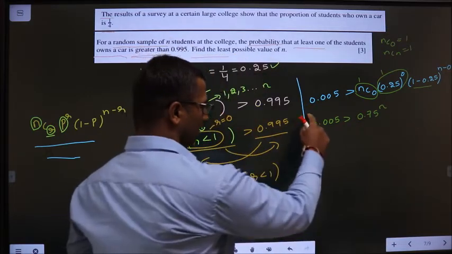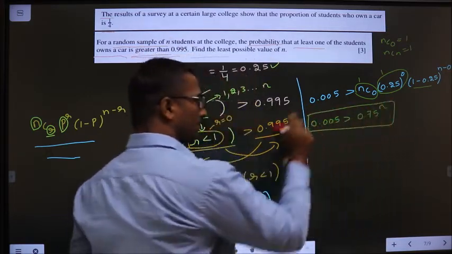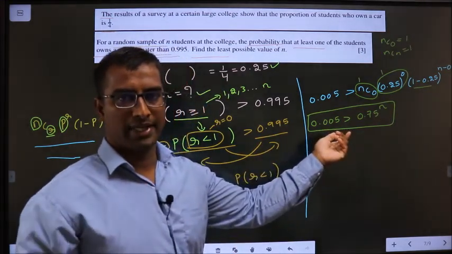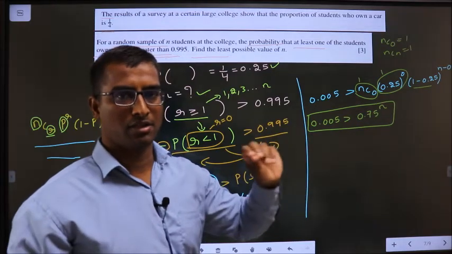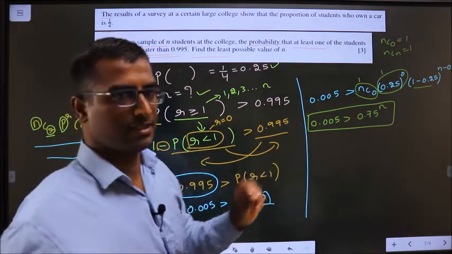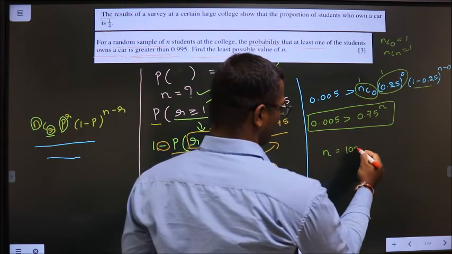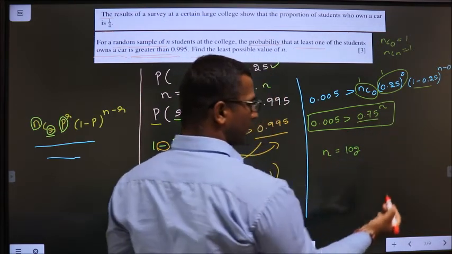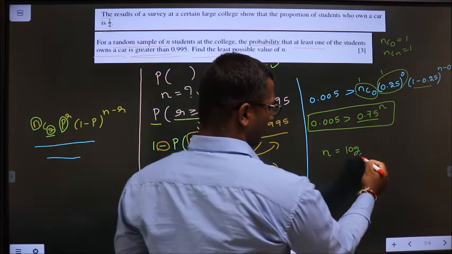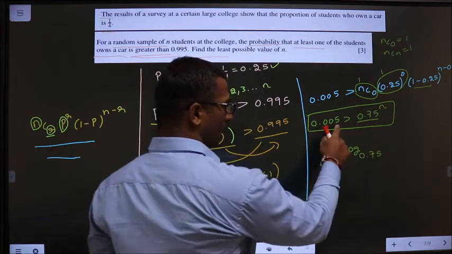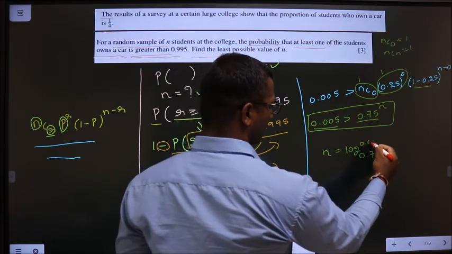So now by trial and error method, I can get the value for n, or I will use logarithms in this way. See, n will be log. Here 0.75 is the base, so for the logarithm also 0.75 will be the base, and this number over here.